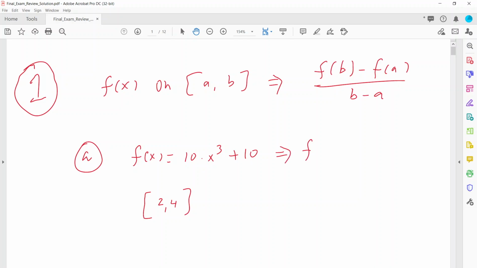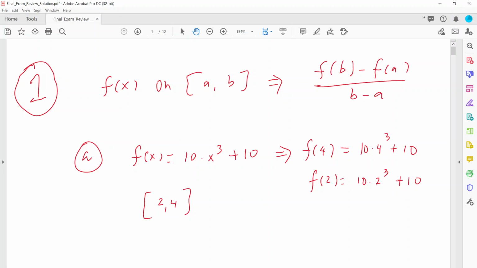If you replace x equal to 4 here, that will give you some value. So that means it's 10 times 4 cubed plus 10. F of 2 is 10 times 2 cubed plus 10, and you plug these values back in this formula.